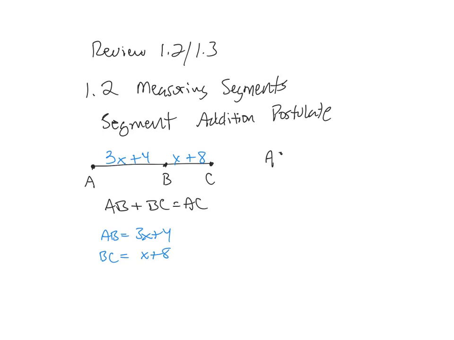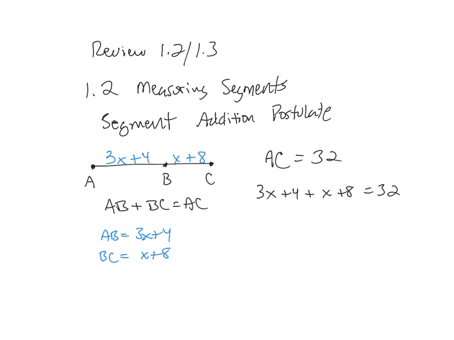So what if it said AC was 32? Okay, so you're just supposed to add these two things together. So you want to do 3x plus 4 and then plus x plus 8 equals 32. And then solve the equation.